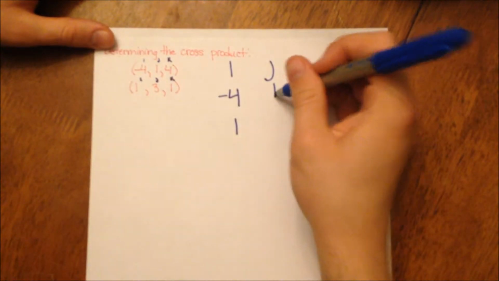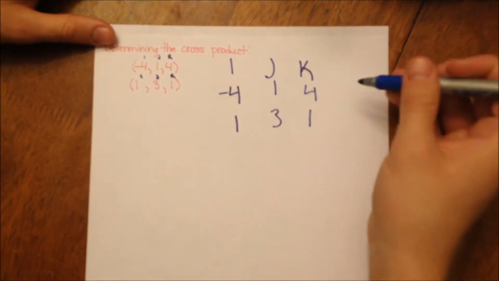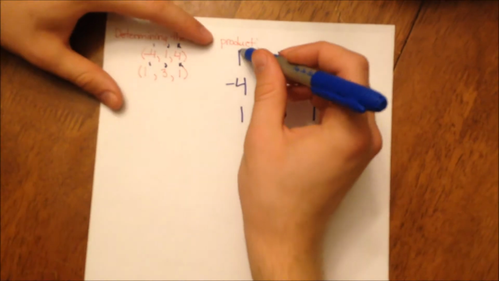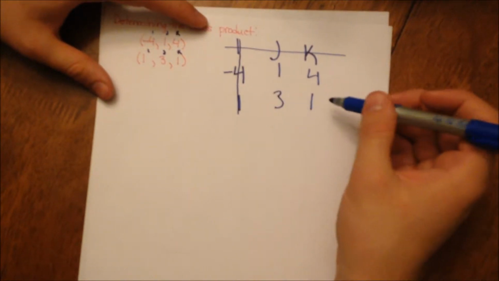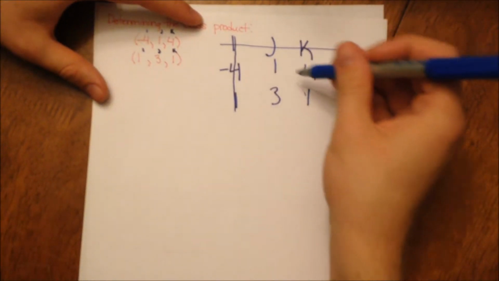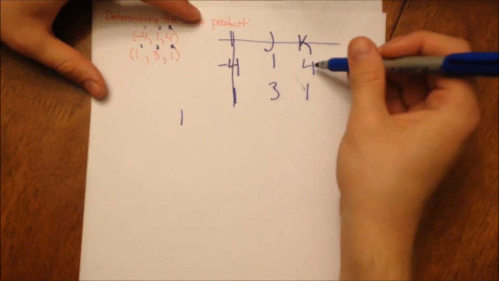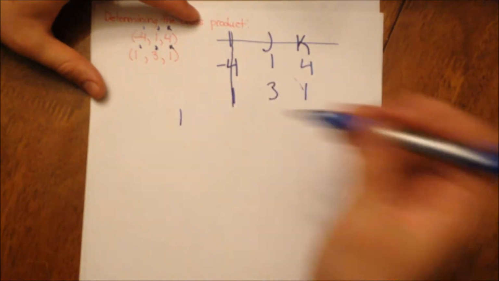Then you take your j's, 1, 3, and 4, 1, those are your k's. And then to find it, you do an imaginary line saying that you don't care about those numbers. Then you take this number and multiply it to that number, so that's obviously 1, plus whatever this number times that number is. So it's going to be plus 12.